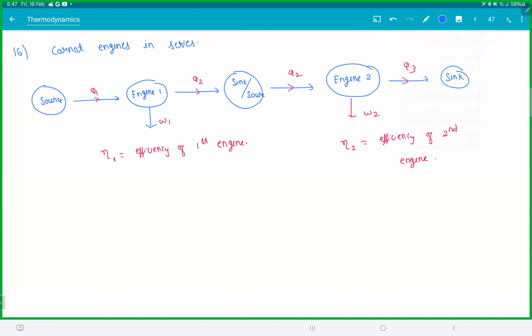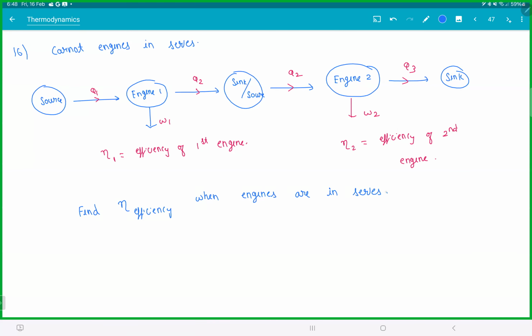Right. So find the efficiency of the full system. The answer will come in terms of eta 1, eta 2. Find the efficiency of the full system or full process. Only engine 1 would give you efficiency eta 1, only engine 2 would give you eta 2. If I have both of them in series, then what is the efficiency? Then we'll get a very good answer.